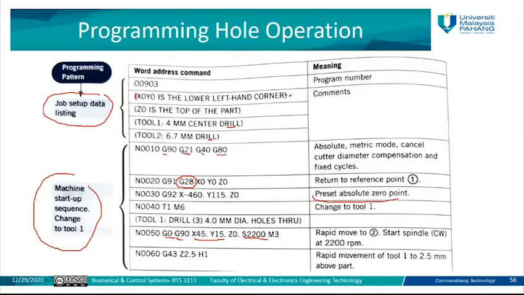It will be rotating and move to that point. After moving to that point, there is a rapid movement of tool number 1 to 2.5 millimeter, and this Z2.5 H1 is like the standby position for the spindle to start the drilling operation.